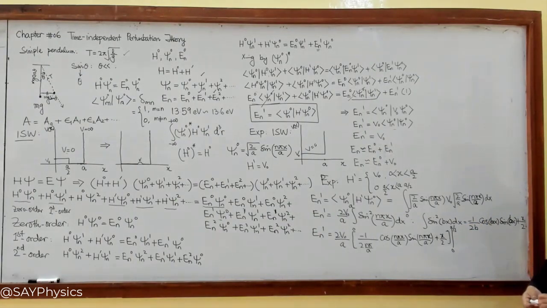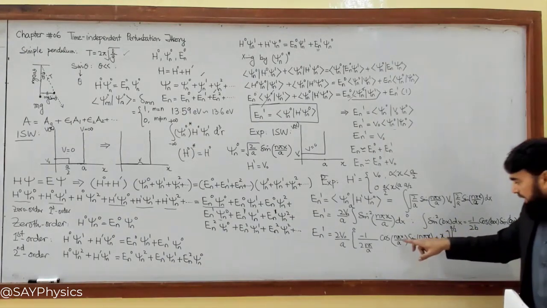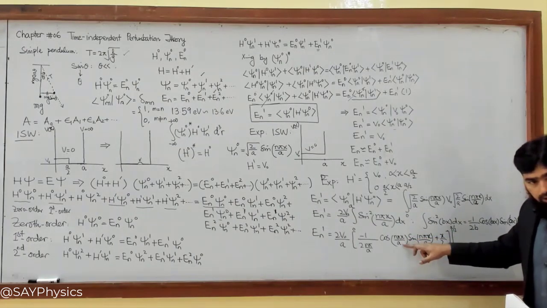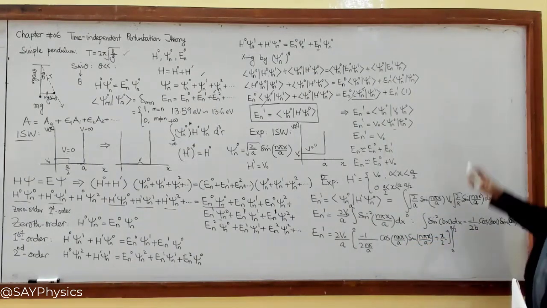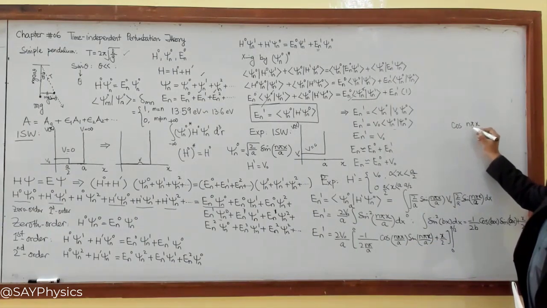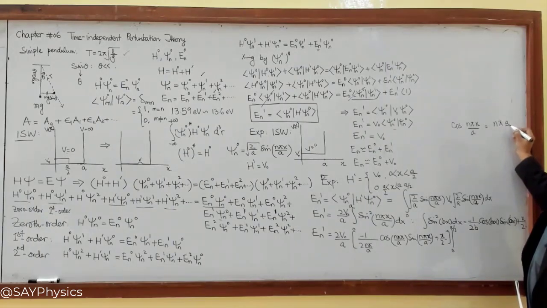Now look here, I will just put the limits directly here. When x is a over 2 here, you can simplify cos n pi x over a. When x is a over 2, then n pi and a over 2 over a, and cos of it.